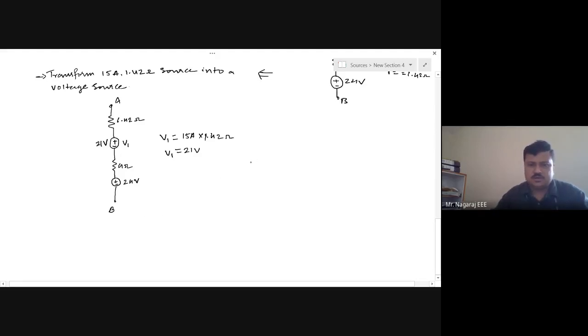Okay. So now adding these two will not be a big issue. So what I get as a solution, I will write this equivalently as a voltage source and a resistance in series. Now this is B, this is A. Resistance 4 ohm and 1.42 ohms are in series. So it will be 5.42 ohms, which is 4 plus 1.42. And the voltage sources, 21 volts and 24 volts. See, both are in the same direction.